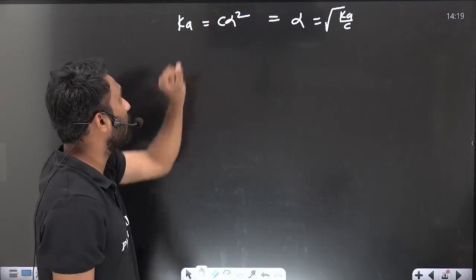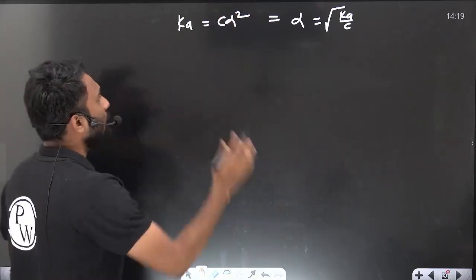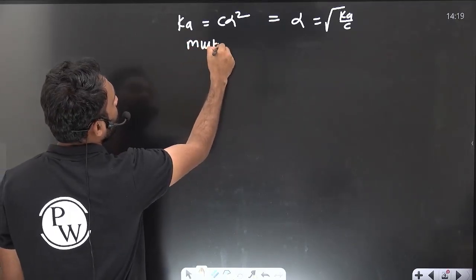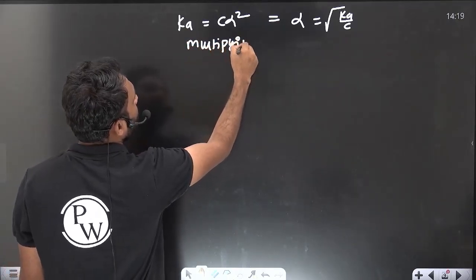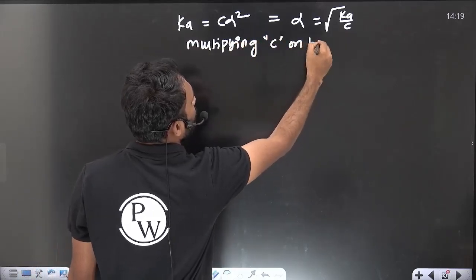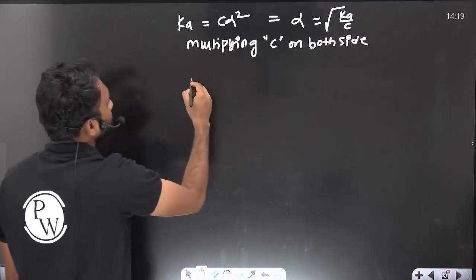Now, for our mathematical calculation purpose, multiplying C on both sides, what do we get?